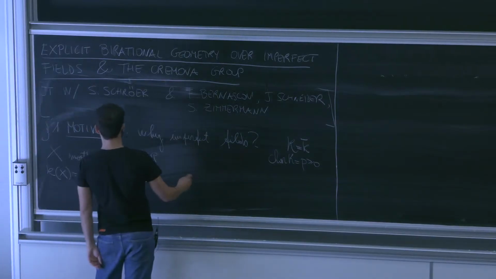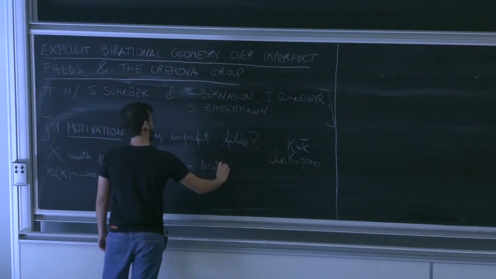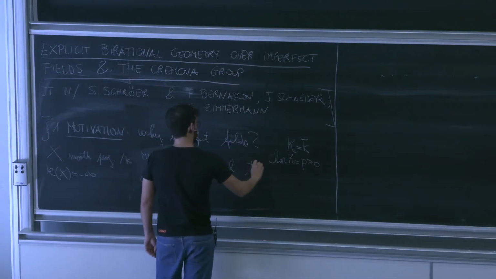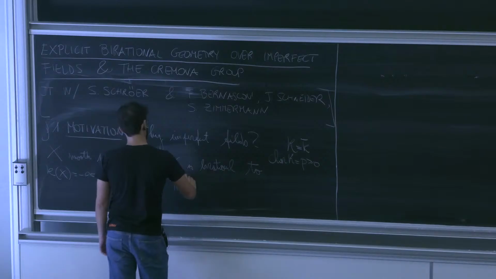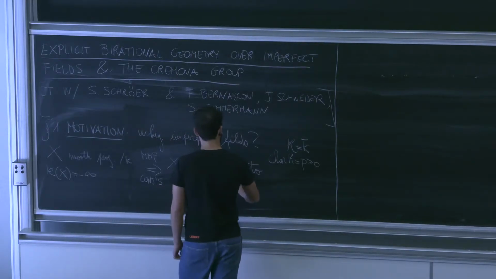So X is birational to, say, W, with pi from W to B a Mori fiber space.